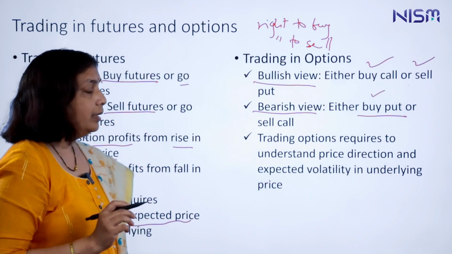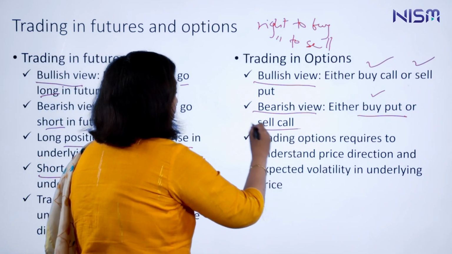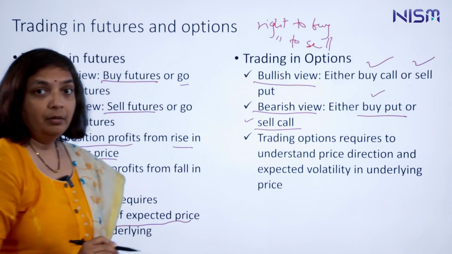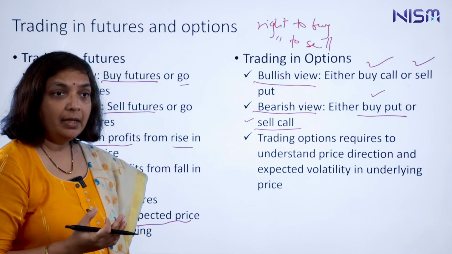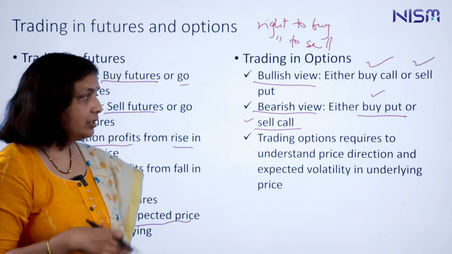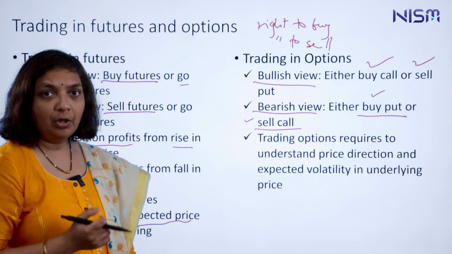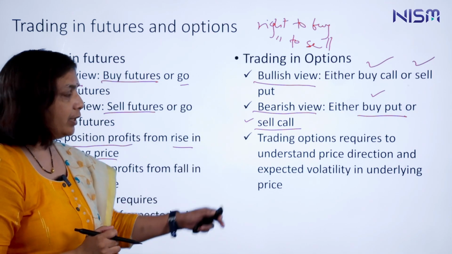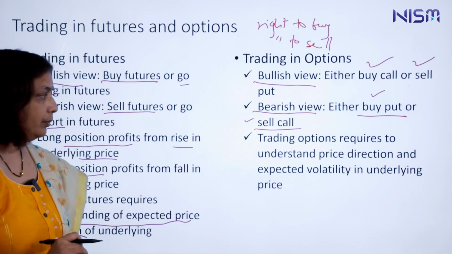But apart from buying a put, you can also sell a call. Because when you are selling a call option, your view is that the stock price or the index will not go up. And when you think that the price will not go up, it means that you are bearish. So a bearish view can be executed either by buying a put or selling a call.